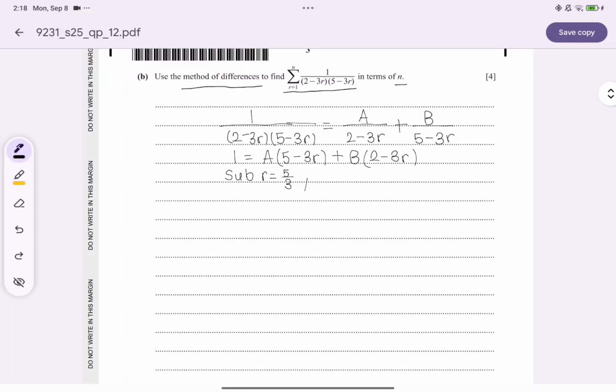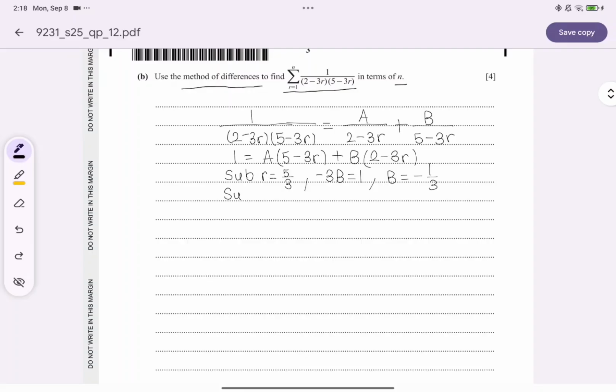So that would give you a times 0, which is 0, so you only have to find b. So that's 2 minus 5, which is minus 3b, equals to 1. This would give you b equals to minus 1/3.